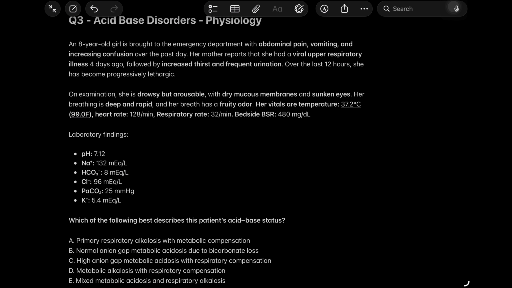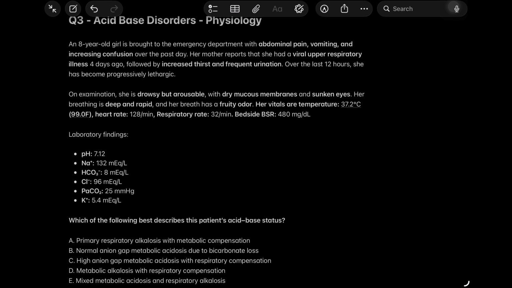Moving onwards, they describe her breathing as deep and rapid. Now, deep and rapid breathing is actually Kussmaul breathing. This is highly associated with diabetes type 1. And additionally, the buzzy term, or something that should ring the bell immediately for type 1 diabetes, is the fruity odor off of her breath.